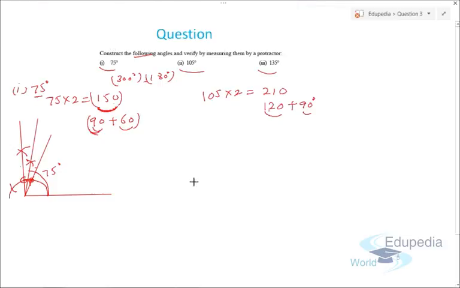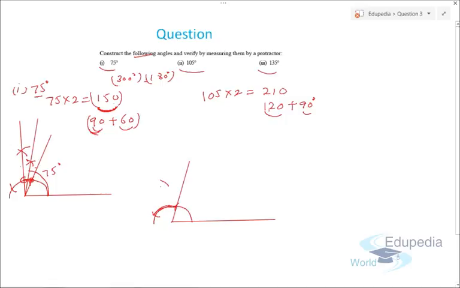Again, we need to draw a line like this, then keeping this as point, we need to draw an arc like this. From here we draw 60-degree angle. From here we need to draw 120 angle. Then we need to draw 90-degree angle. So let's say we draw a line first for 60-degree like this, then keeping this as point, we draw one point over here measuring this much arc of length.